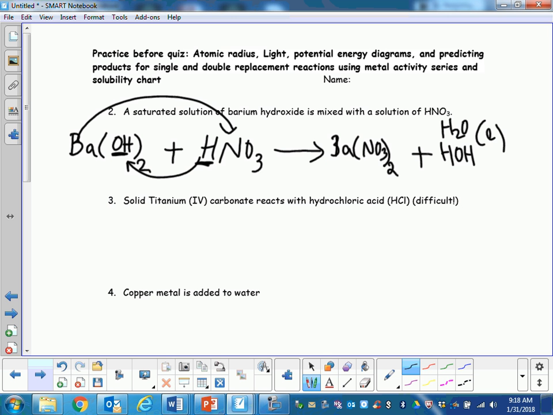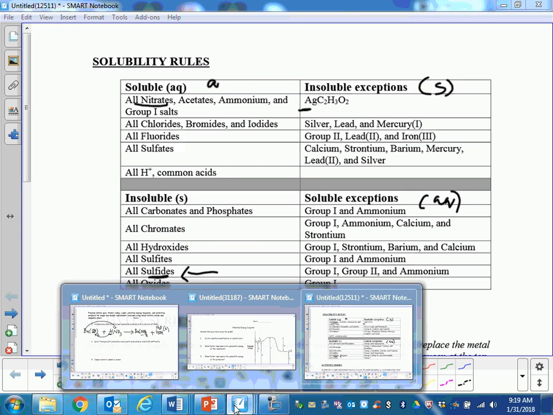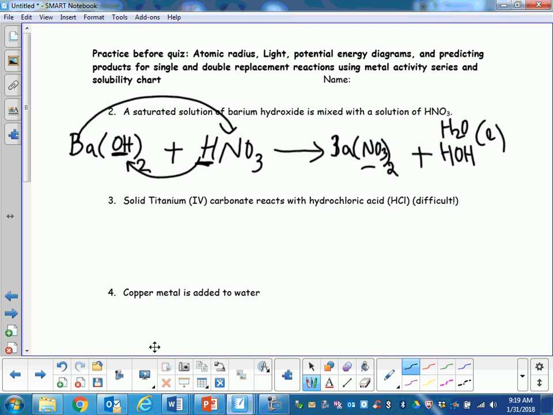Liquid. Will this reaction happen? Yes, you will get nitrates. If you look at nitrates on your solubility chart, all nitrates are soluble except silver. You will get that other one to be aqueous. But you have to know that water is a liquid.